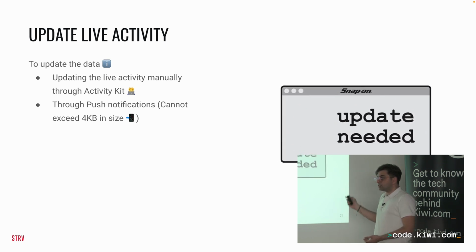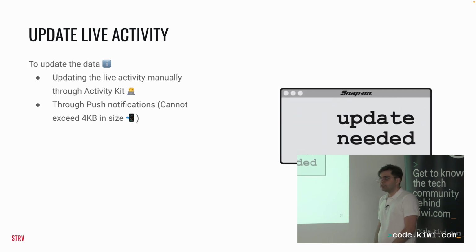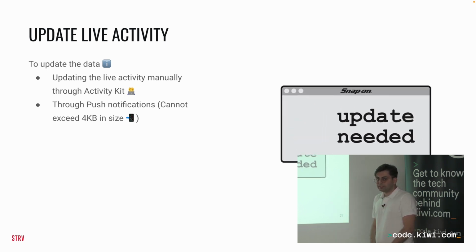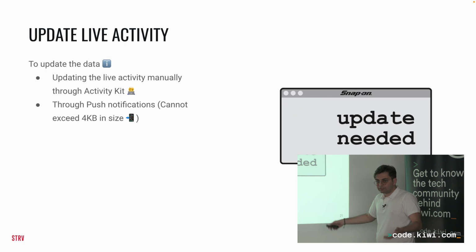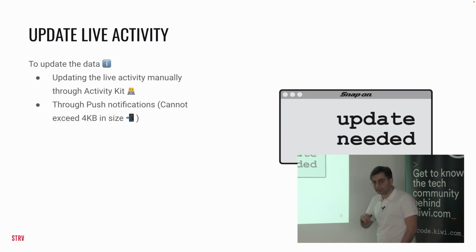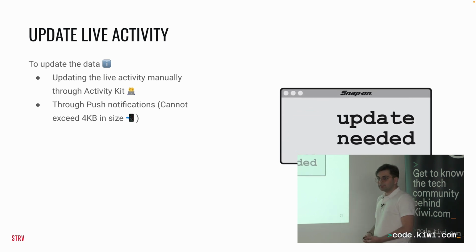The device understands that, and if you send the proper model, you can update your live activity. And that is the point of having the live activity: we can have the app not run in the foreground and get updated.